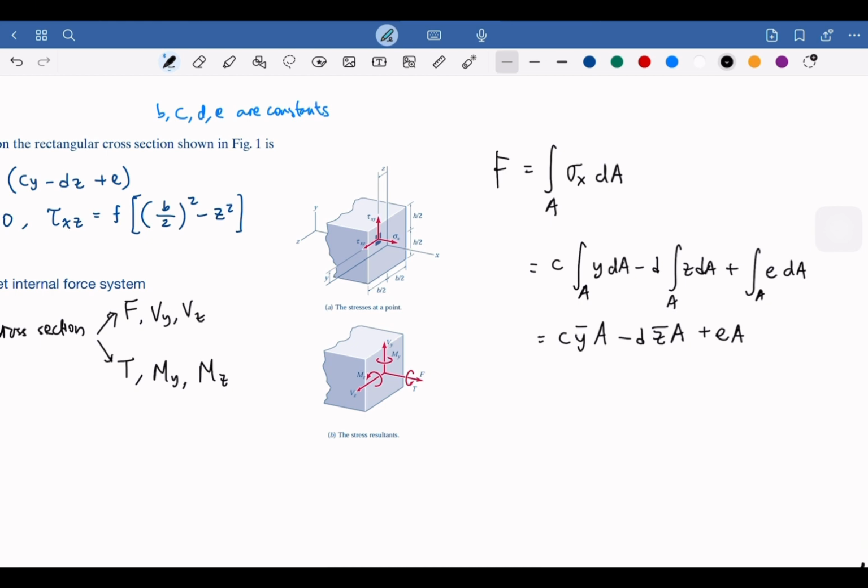So since the origin of y and z is at the centroid of the cross section, which is at the middle point, then the y bar equals z bar, since the origin is at the centroid of the cross section, right?